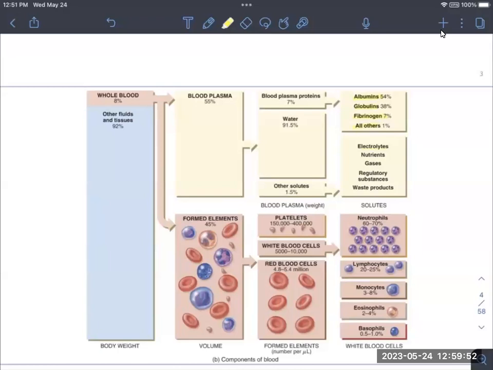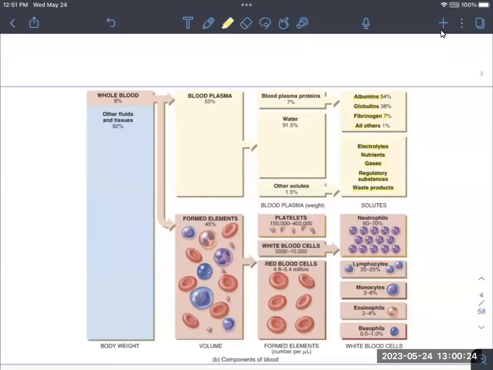So we carry electrolytes, nutrients, gases, that's carbon dioxide and oxygen, waste products, and regulatory substances. These are all found within our blood. Some of those regulatory substances would be hormones. As we talked about in the first chapter, hormones travel through the blood to get to their specific target cells.